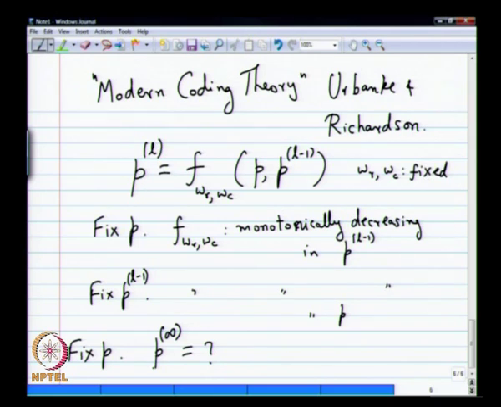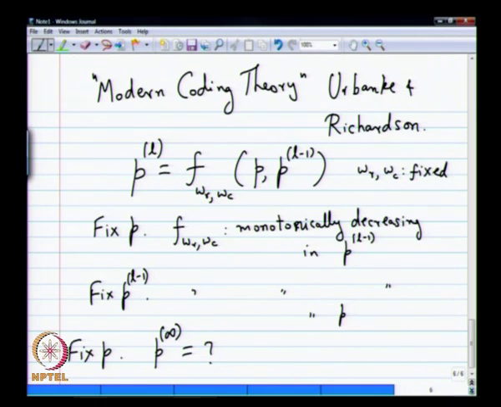P_1 is equal to P itself, and P_2 is going to be something lesser than or equal to P. Then P_3 will be lesser than or equal to the previous thing, and so on. That is definitely true, but the only thing that can happen now is P infinity might either be 0 or some positive value less than or equal to P, some non-zero value or 0. So that's the question that you ask.